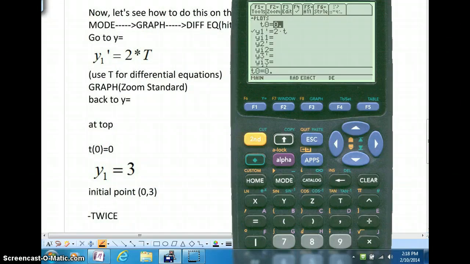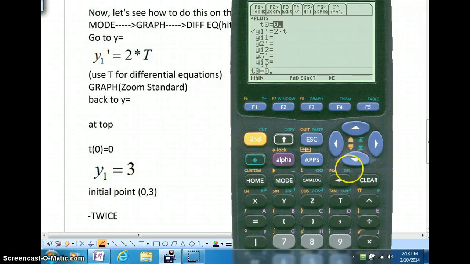That 0 that I've highlighted is the x-coordinate of your initial condition on the curve. So I'm going to leave that as a 0. Very often when you'd have a point like 1, 0 or something like that, you'd want to change that accordingly. So I'm going to leave that as a 0 for the moment, though.